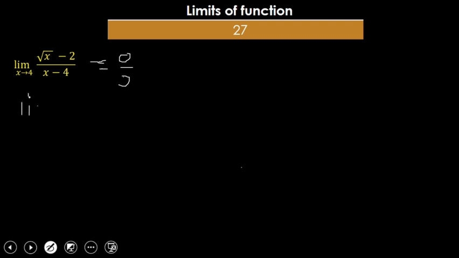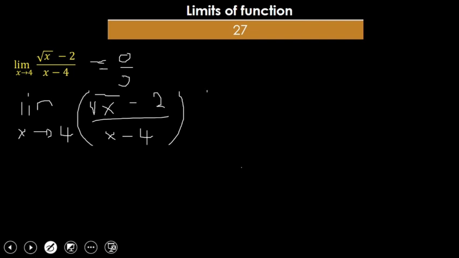That is the limit as x tends to 4 of square root of x minus 2 all over x minus 4 times square root of x plus 2 all over square root of x plus 2.